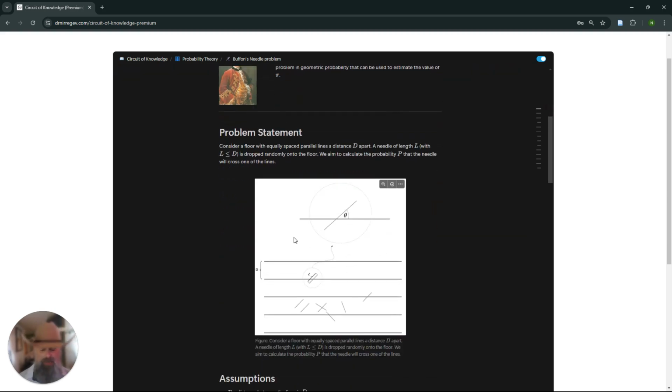And the idea is simple. We have a needle and we let it drop on the floor, and the floor is separated by lines. Every line, the distance between these lines is capital D, and the length of the needle is capital L. And the needle can fall and cross a line, or it can fall like here without crossing any lines, like here.